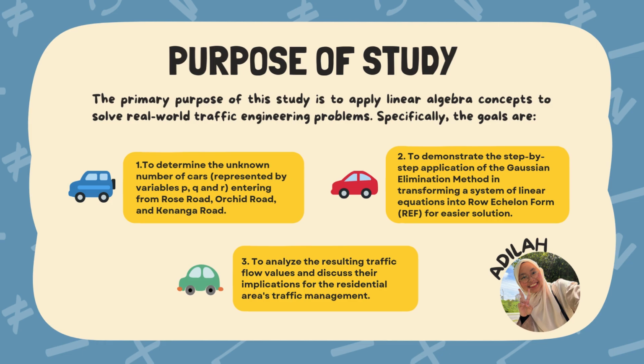Secondly, to demonstrate the step-by-step application of the Gaussian elimination method in transforming a system of linear equations into row echelon form. And lastly, to analyze the resulting traffic flow values and discuss their implication for the residential area's traffic management.